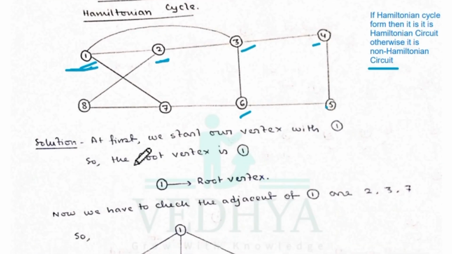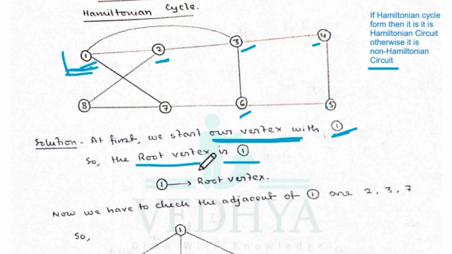At first we have to start with vertex 1. We may take vertex 2, 3, 4, 5, 6, 7, 8, but suppose we take 1. This vertex is known as the root vertex. Our root vertex is 1.